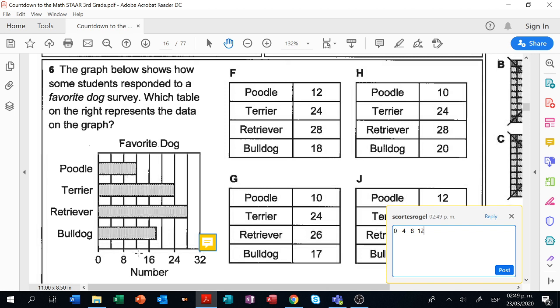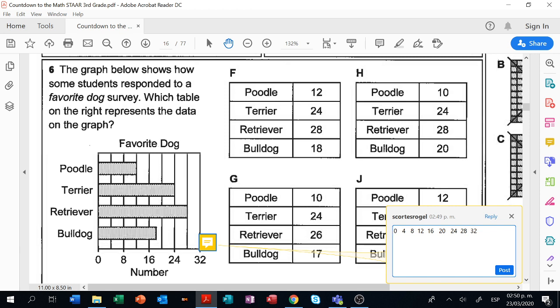This should be a 12. 16, we already have it there. What is 16 plus 4 more? Correct, that's 20. Then we have a 24 that is already there for us. 24 plus 4 more, what is that? 28. And the last number we already have is 32.